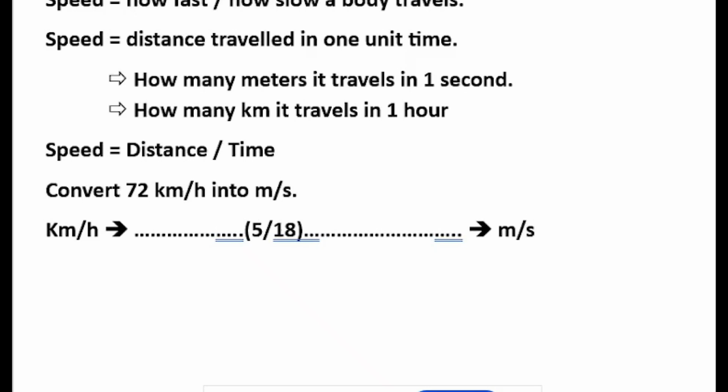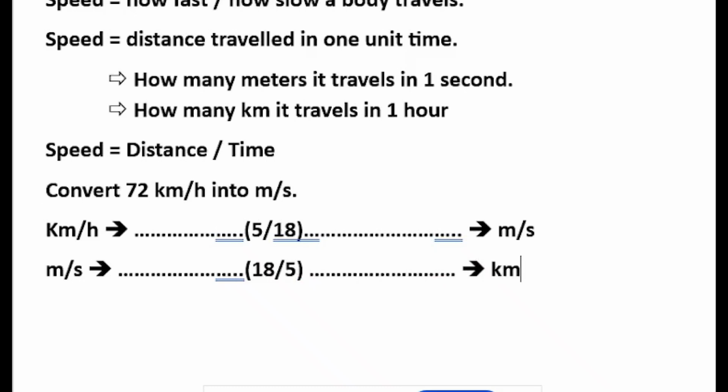And if you are given meters per second, then multiply by not 5 by 18 but 18 by 5. Ulta. Then it will give you kilometers per hour.